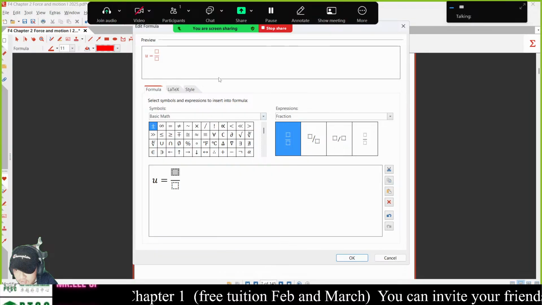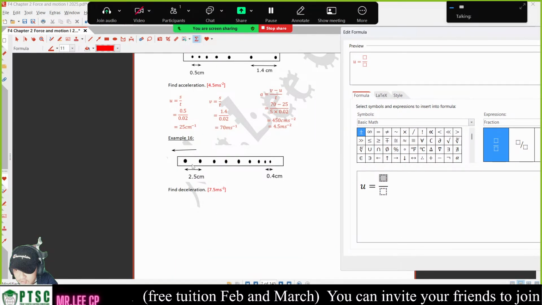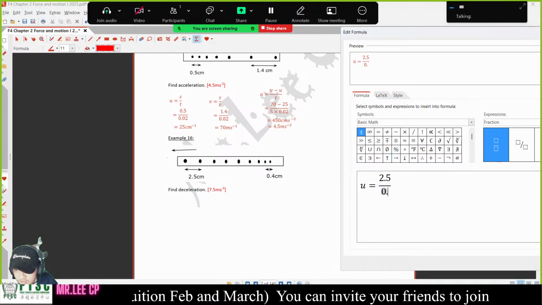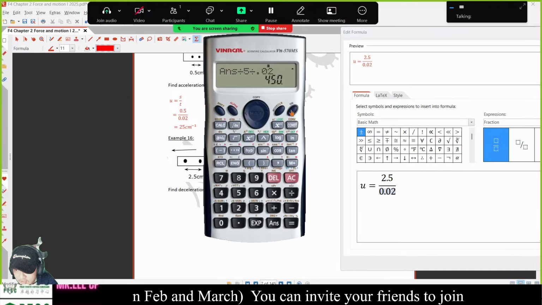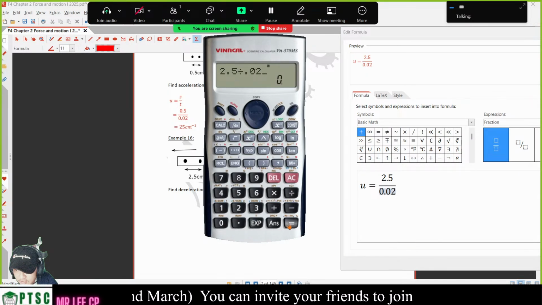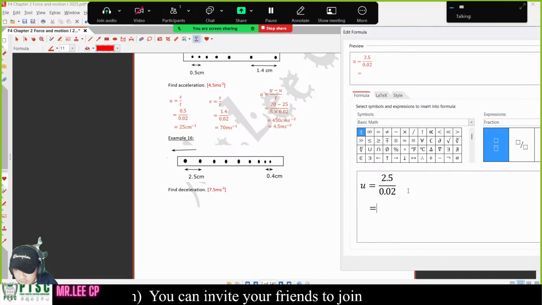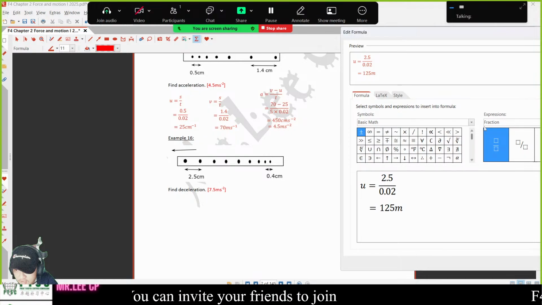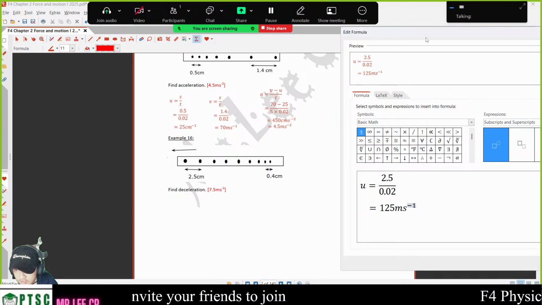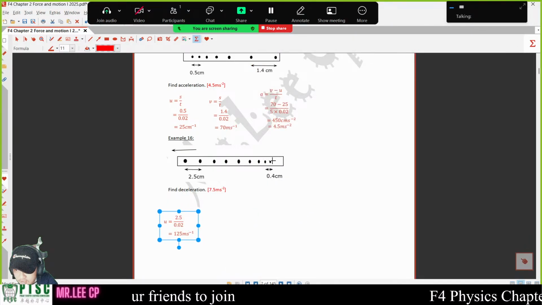U is the initial velocity: 2.5 divided by the time 0.02, so you will get 125 cm s^-1.